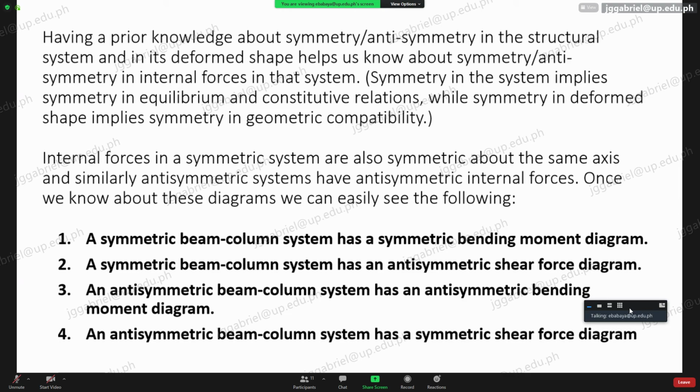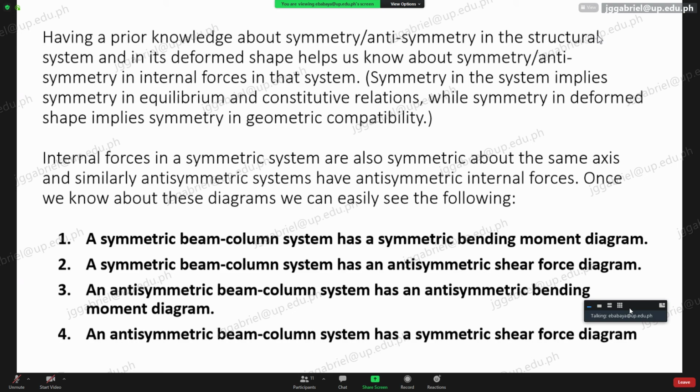Kung symmetric yung bending moment diagram, the shear force will always be the opposite. No? If you have a symmetric beam column system, antisymmetric yung shear force. No? Now, if it is antisymmetric, then your shear force diagram would be symmetric. Okay? Nagets natin yan? It's not that difficult, no?